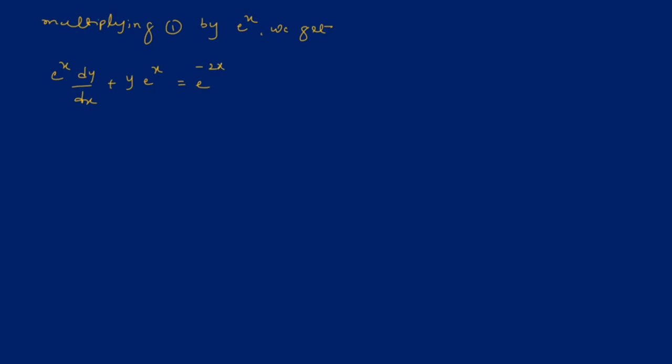Already minus 3x is there; if you multiply by e to the power of x, what we get here is e to the power of minus 2x.